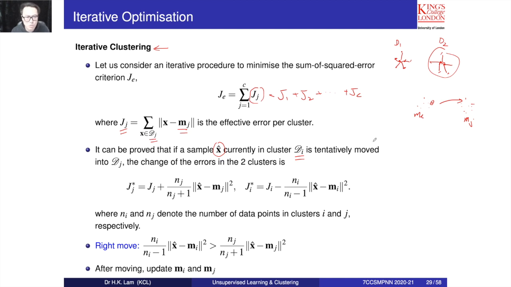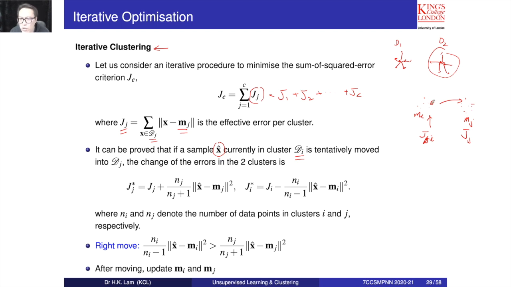The original subcosts are Ji, the cost of cluster i, and Jj, the cost of cluster j.